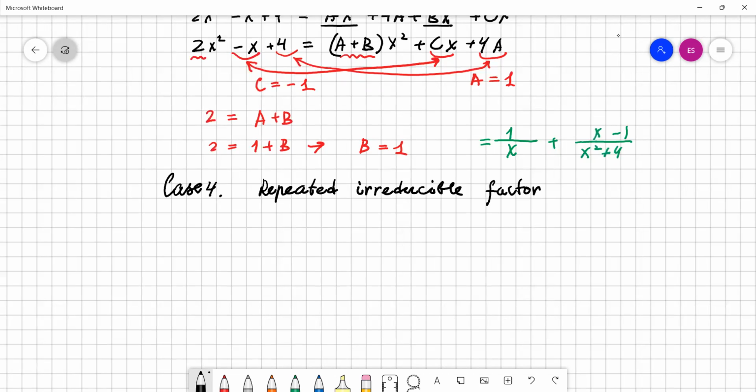I'm going to give you an idea, but usually it gets so many letters that it's going to take forever to solve. Well, I'm going to give you x plus 1 here and (x squared plus 4) squared. So the factor is irreducible, and the factor is repeated.